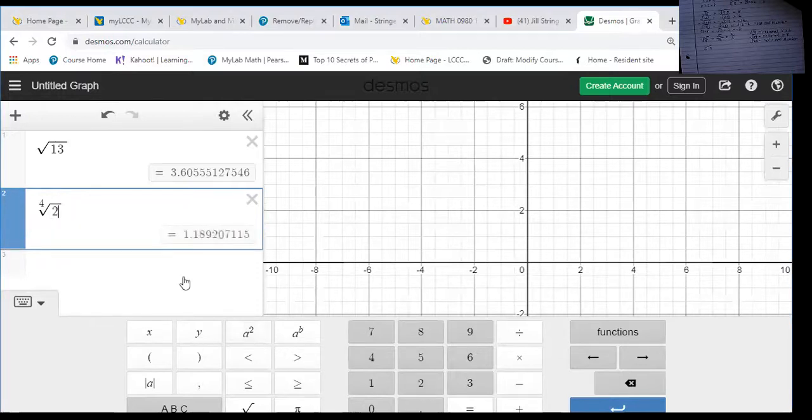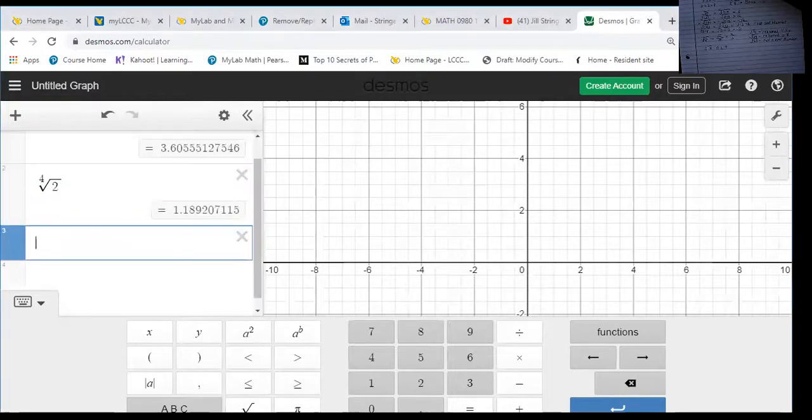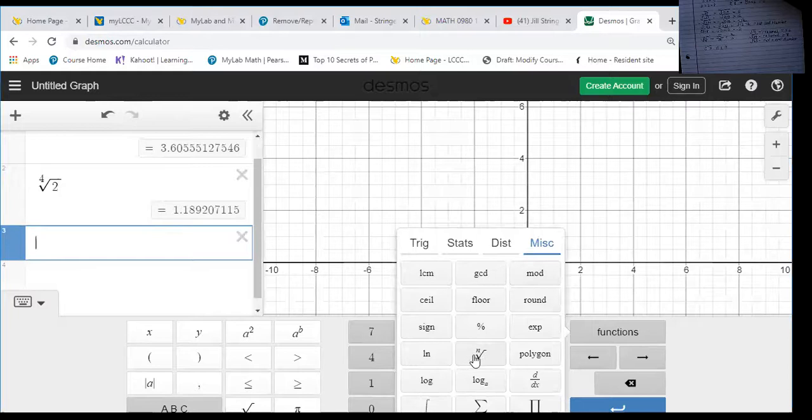And it's approximately, if we round it to 2 decimal places, 1.19, an approximation. Okay, but notice it's irrational because that goes on infinitely. All right, so that's how you can do this on Desmos. Just go to functions, over to miscellaneous, and this one allows you to put in roots greater than 2.